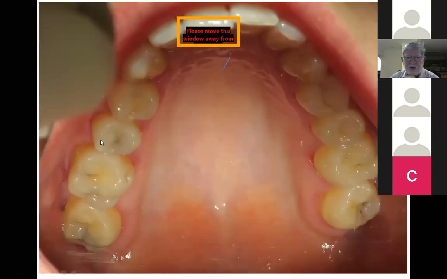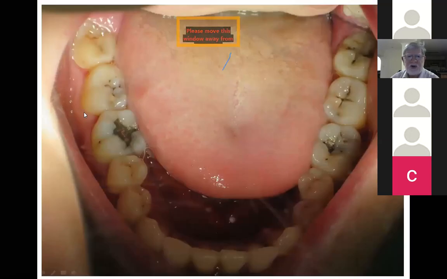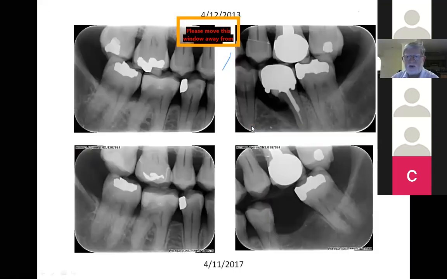But we've seen caries 1.5, caries 1.7, caries 2.7, occlusal caries there on 4.7. That amalgam's fine. It was fine on the radiograph. There's caries on 3.8, caries on the 3.7, and quite a lot of caries all across there. But all she was interested in was having the wisdom teeth removed.